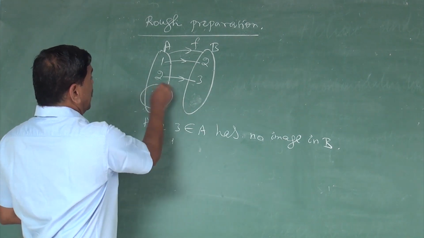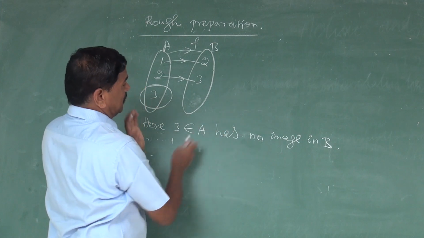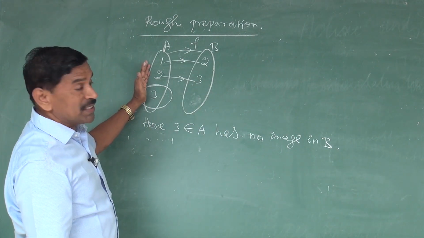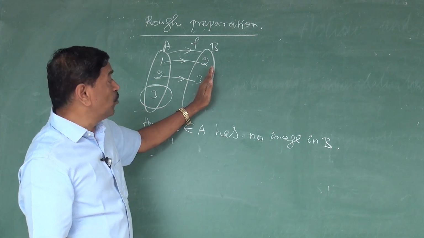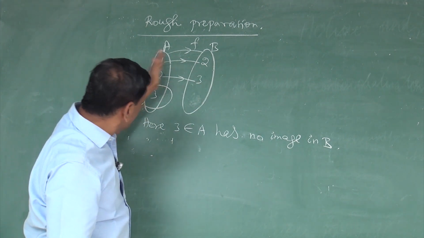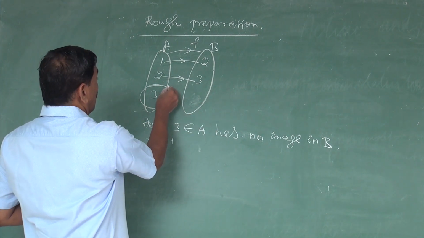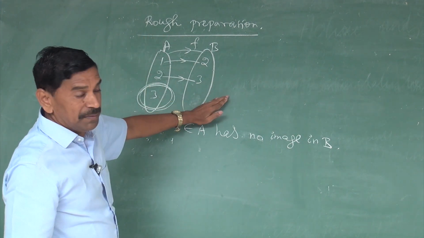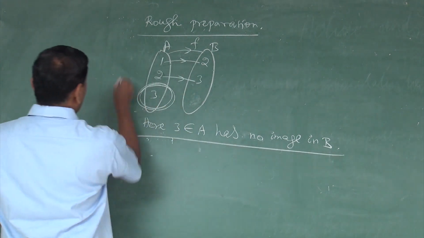Here the element 3 belongs to A, has no image in B. Therefore, it is not a function. For each x belongs to X, there exists a unique image in B, then only it is a function. Here 3 belongs to A, has no image in B. Therefore, it is not a function. Okay, it is one idea. Let it be the first one.